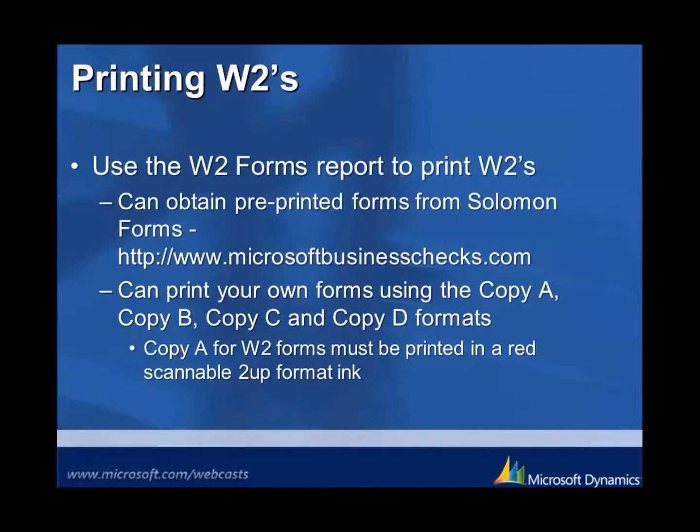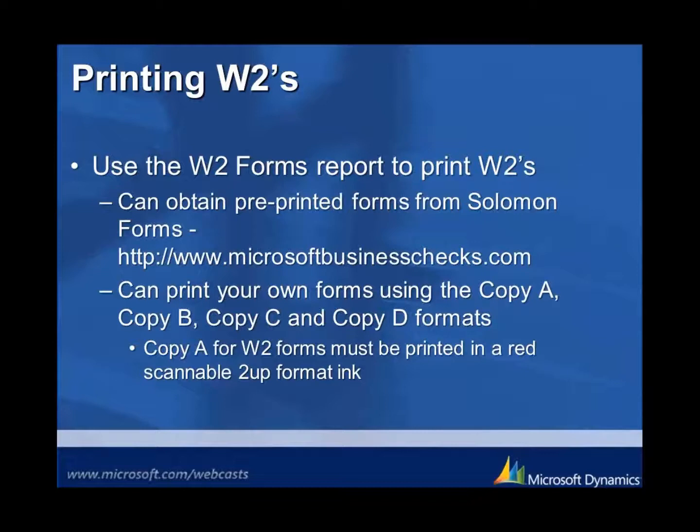Now there's something important to know regarding the copy A. The copy A is the one that is designed for the Social Security Administration. They must be printed in a red, scannable 2UP format ink. So if you don't have that kind of ink, then just printing them to paper is not going to work for that copy A for Social Security.